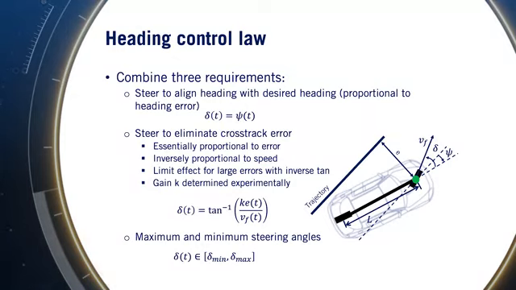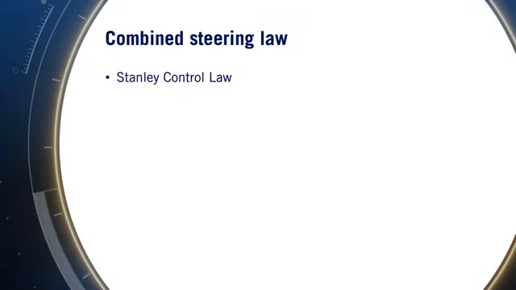However, the independent penalization of heading and cross-track errors and the elimination of the look-ahead distance make this a different approach from pure pursuit. The final control law simply combines these three elements to set the steering angle of the car as follows.